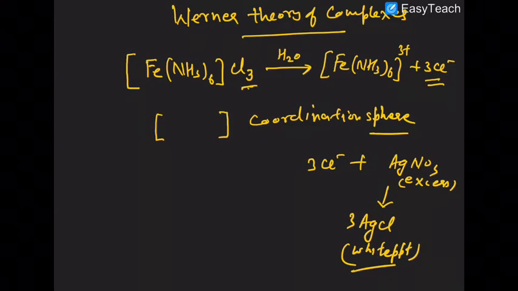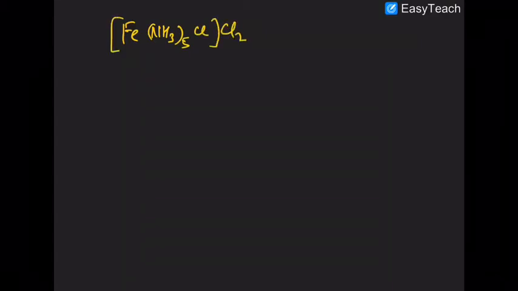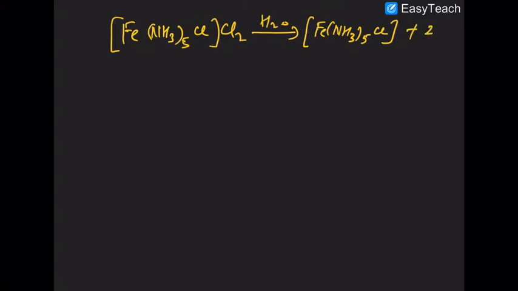Now consider one more example. In this there is only 1 chloride inside and 2 outside. Now only 5 ammonia is inside. Now if you add water here, the species inside the coordination sphere will remain intact, but outside you will get 2 chloride ions.